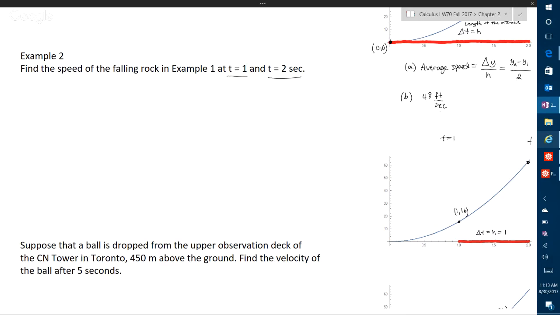It is minus 16, divided by 1. Minus 16, minus 16.